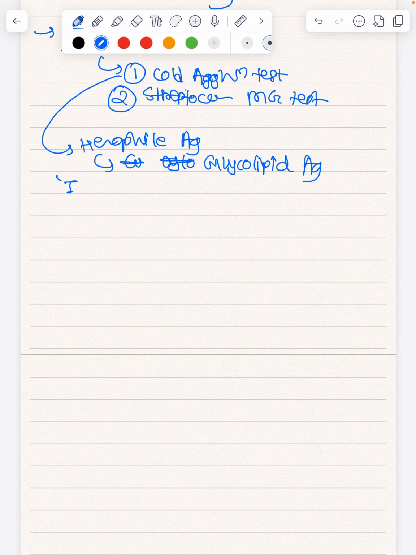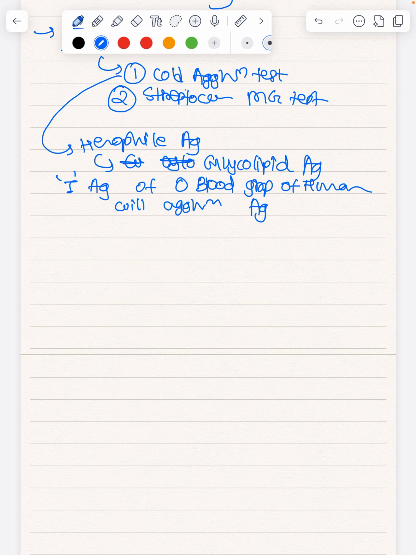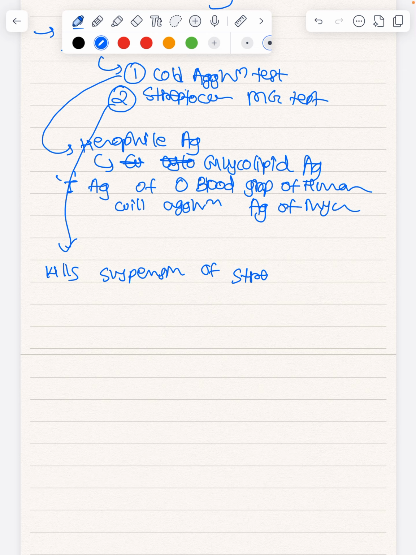Here, the I antigen of O blood group of human will agglutinate with the heterophile antigen of Mycoplasma. It's known as the cold agglutination test. Another is the Streptococcus MG test. It kills the suspension of Streptococcus MG, group F Streptococcus cell wall.